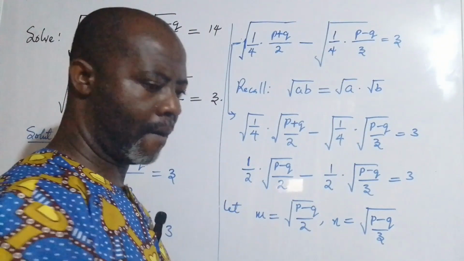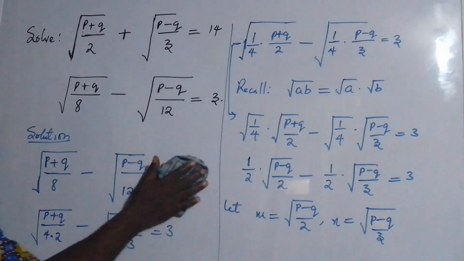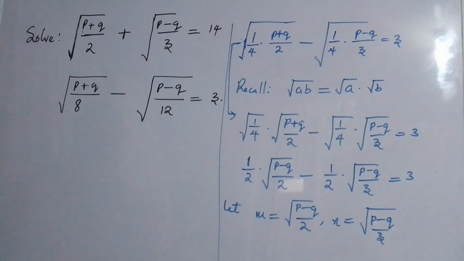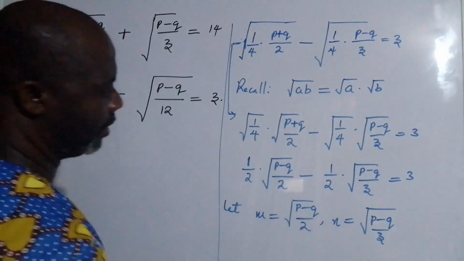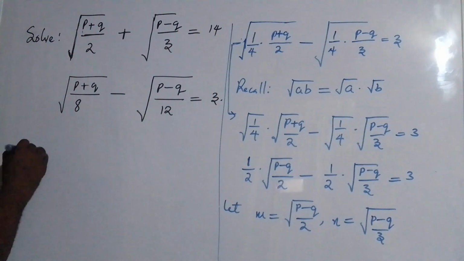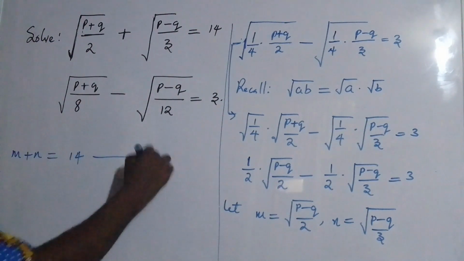let me come over to this side of the board. I'm going to rewrite this equation in terms of m and n. So this now becomes m plus n equals 14. I call this equation 1.